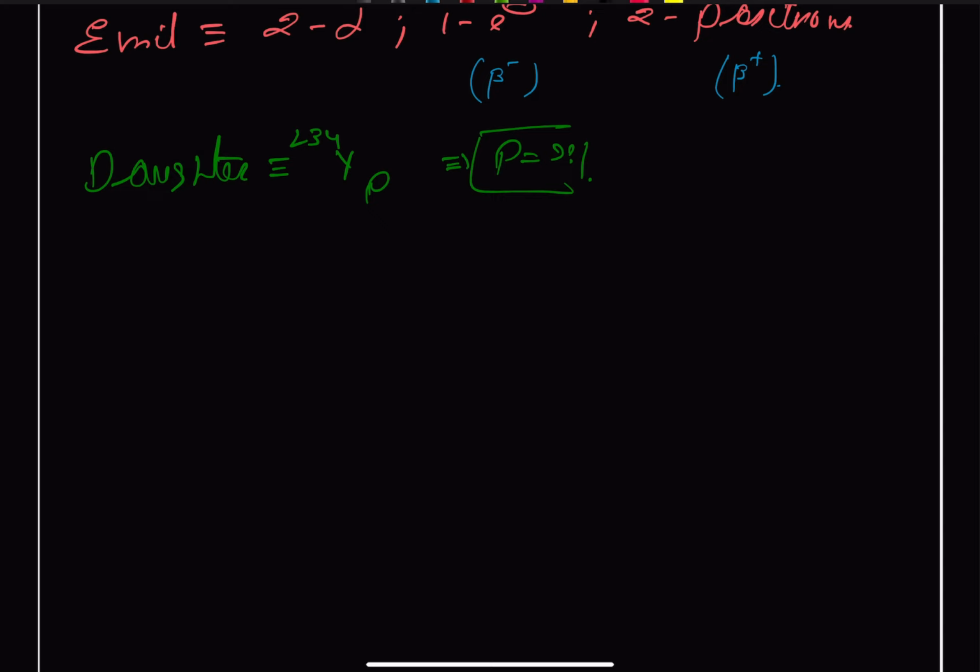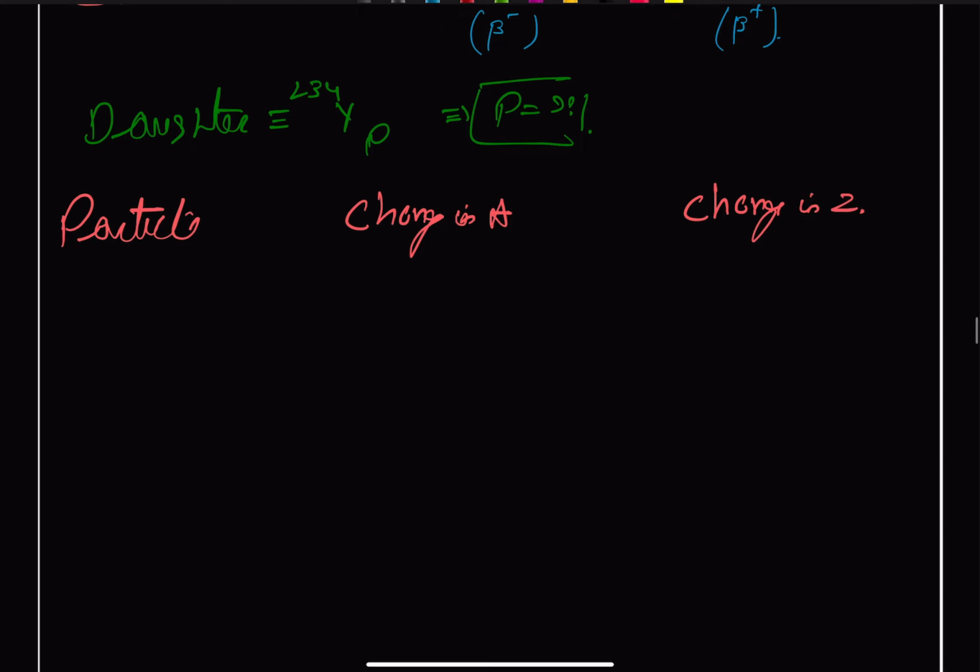So we start with the particle, and we have change in A and we have change in Z. So first particle is alpha, and we can write alpha as 2, 4. So there will be a decrease of 4 per alpha.